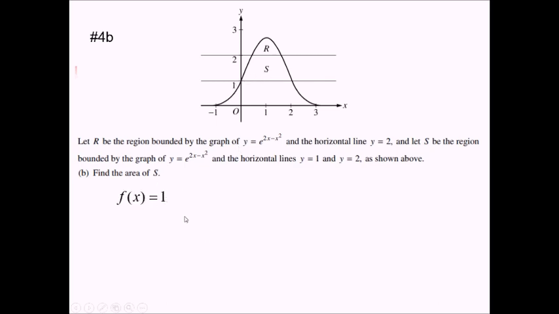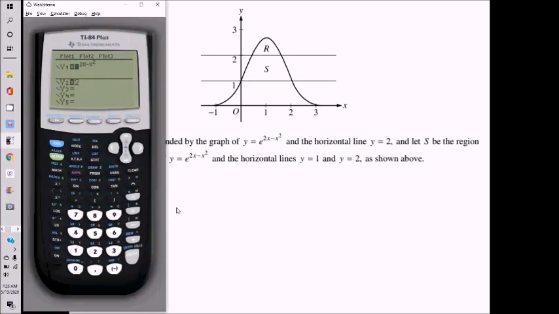So I'll set those two equal to each other, and let me go to my grapher now. I'm pretty sure I know what these intersection points are, but let me just make doubly sure on the grapher. So here I am again in my y equals, and I don't need the horizontal line y equals 2 anymore. I'm going to just replace that with y equals 1.